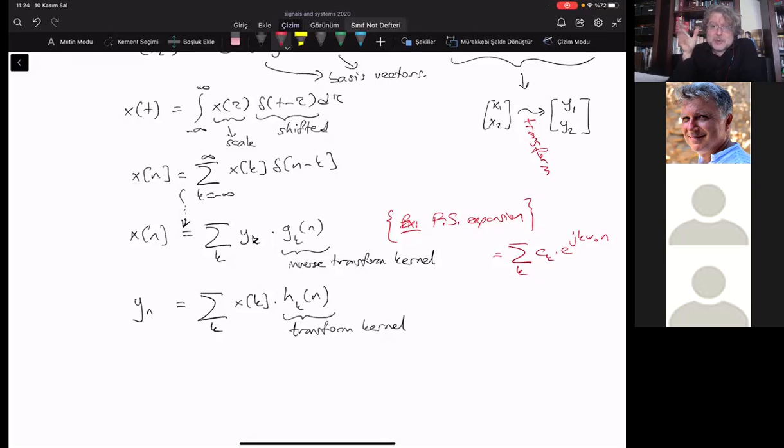Again, what do we mean by orthogonality? What do we mean by inner product? We will come back to that. And the formula to determine the Fourier series coefficients was, as far as I remember, something like this. It's not in the form of an integral, it's in the form of a summation.